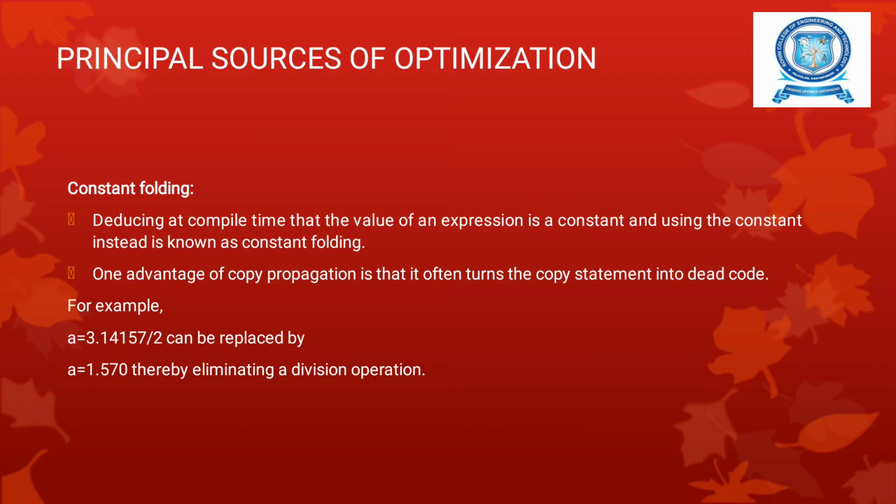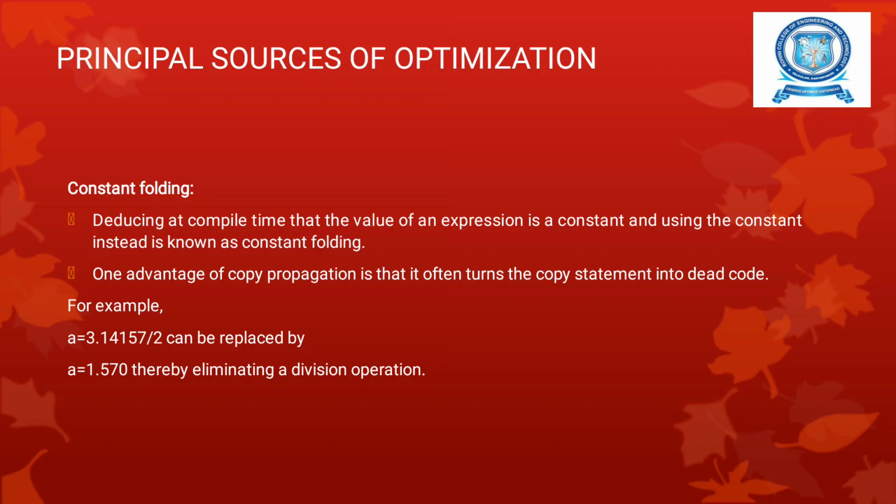Then constant folding. In constant folding, a is equal to 3.14 divided by 2 can be replaced by a is equal to 1.57, thereby eliminating a division operation.